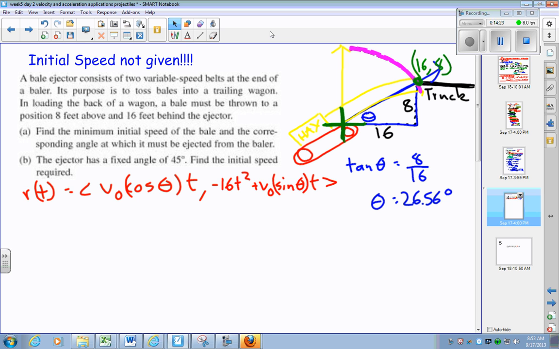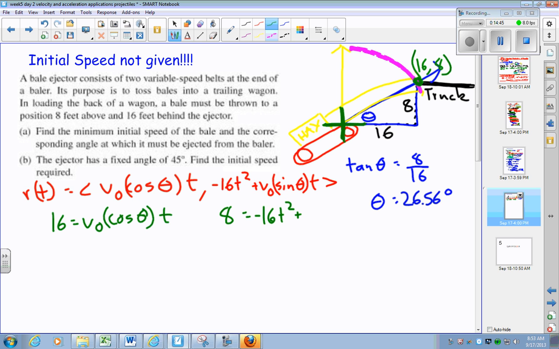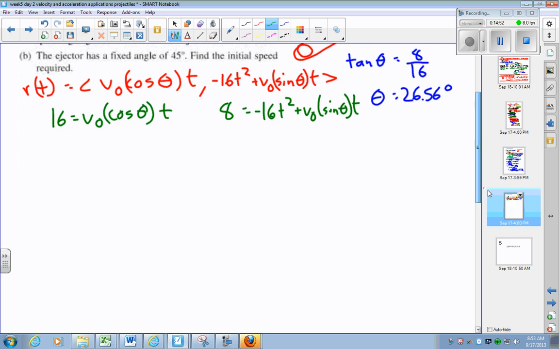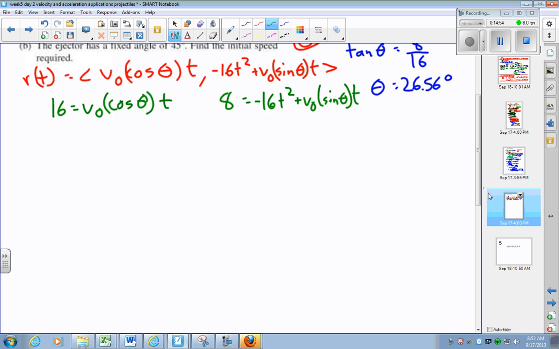My goal is to get 16,8. So I can extract that out and say 16 equals v naught cosine theta t. And I can also extract out 8 equals negative 16t squared plus v naught sine theta t. Okay? So I have the 16 equals and the 8 equals.